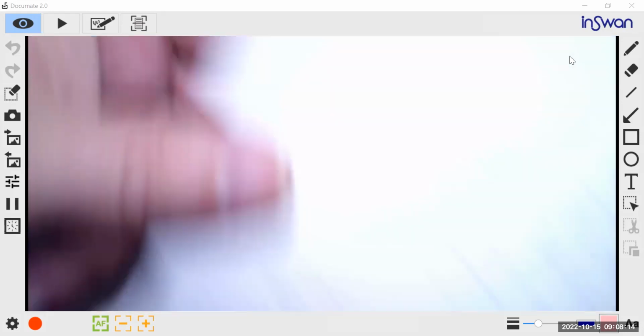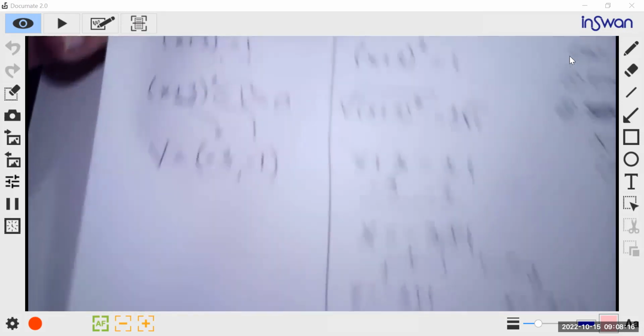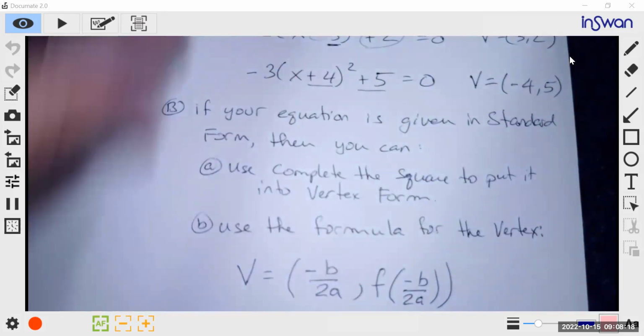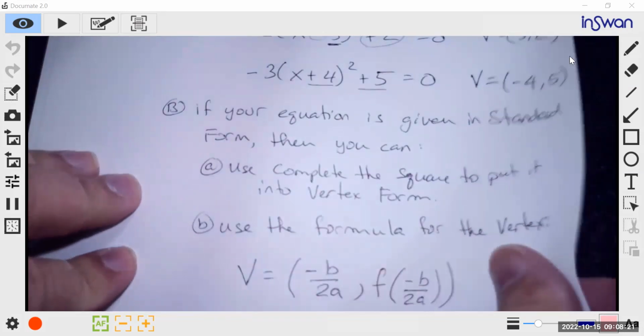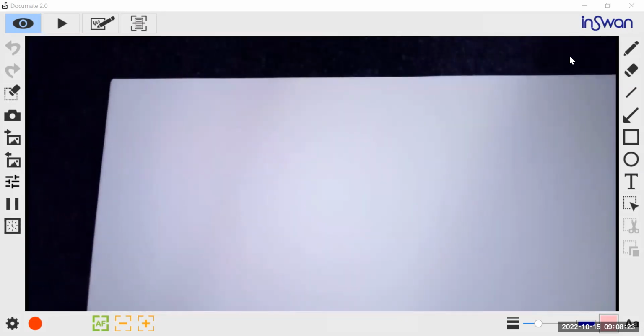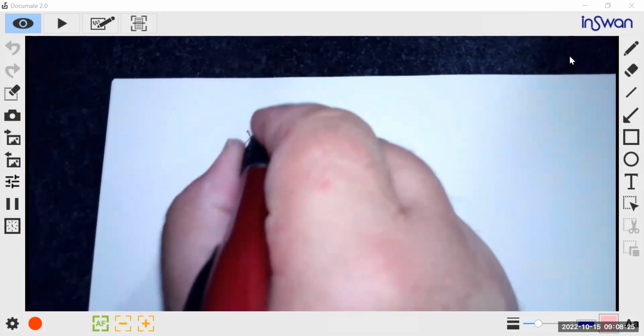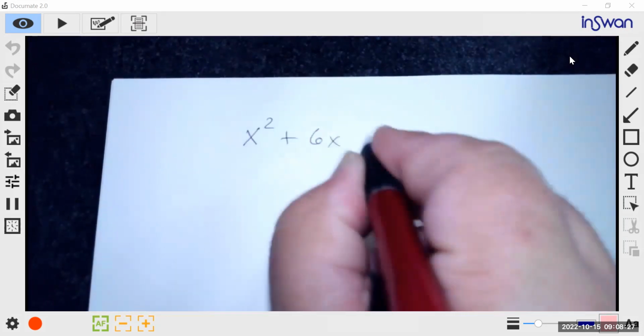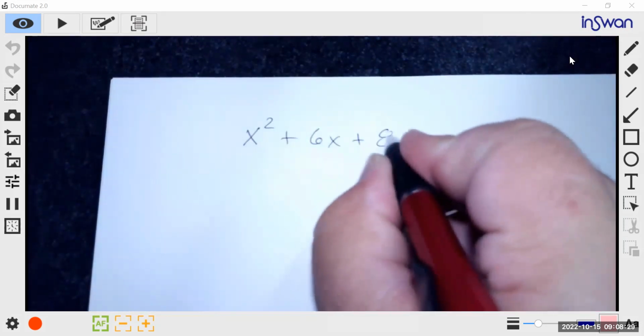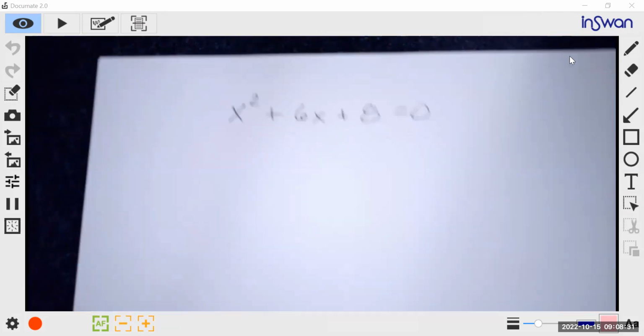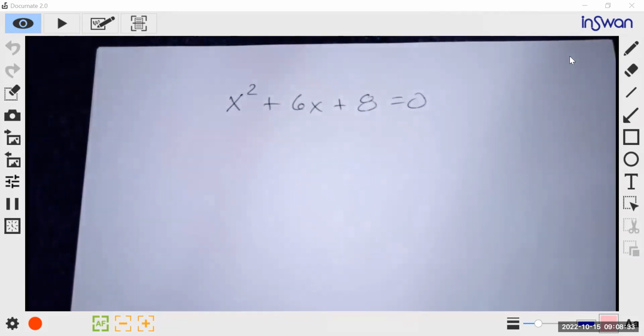Or we can use the formula. x squared plus 6x plus 8 equals 0. Find the vertex.